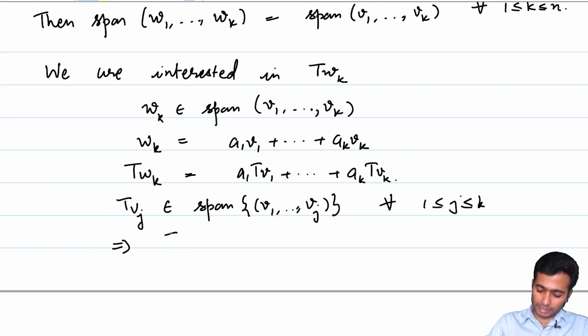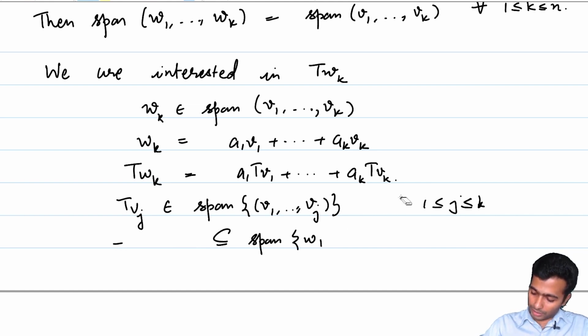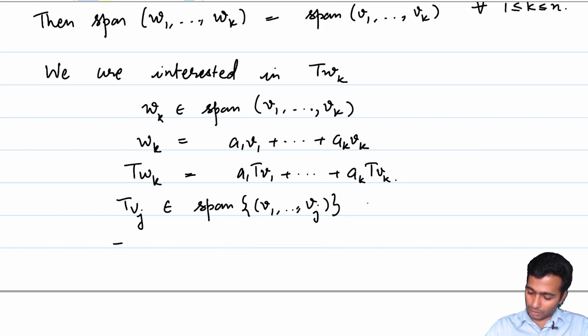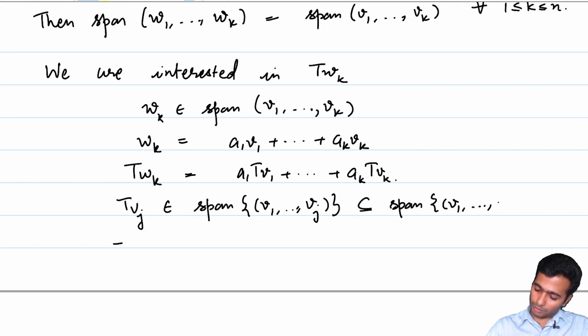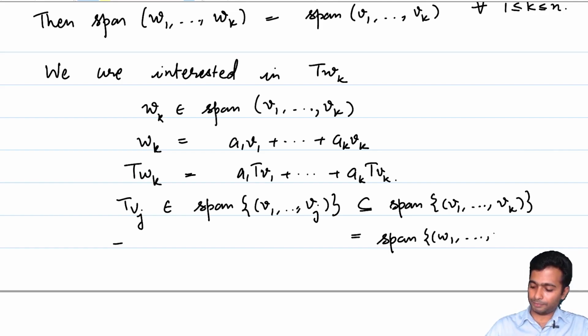This would imply that TWk is contained in the span of V1 to Vk, which is equal to the span of W1 to Wk.